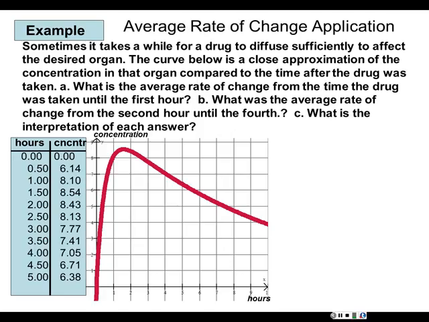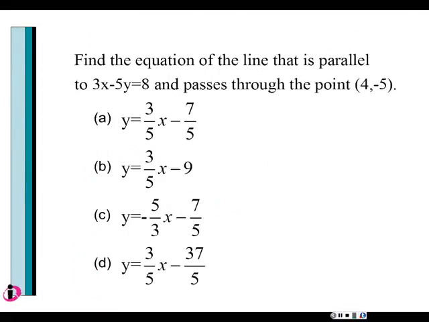At the beginning it was increasing. But whether it is increasing or decreasing, your answer is the average rate between that interval. For example, between the second hour and fourth hour, or first hour and third hour, something like that.